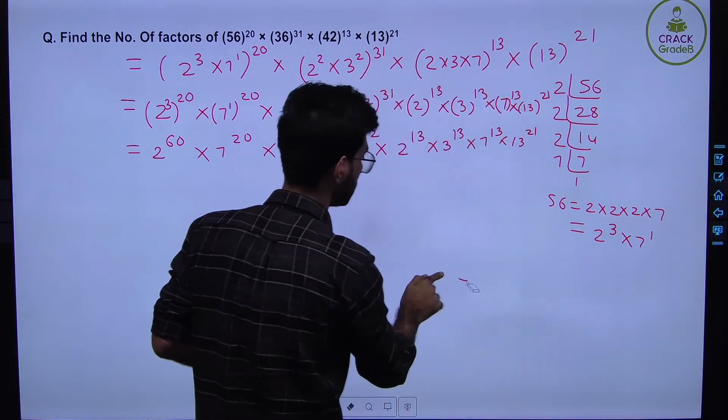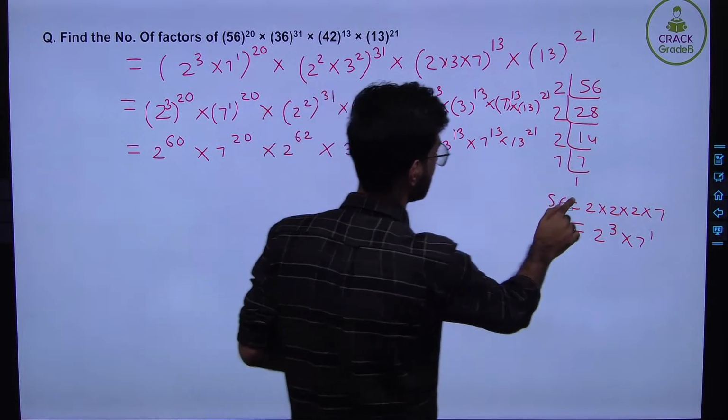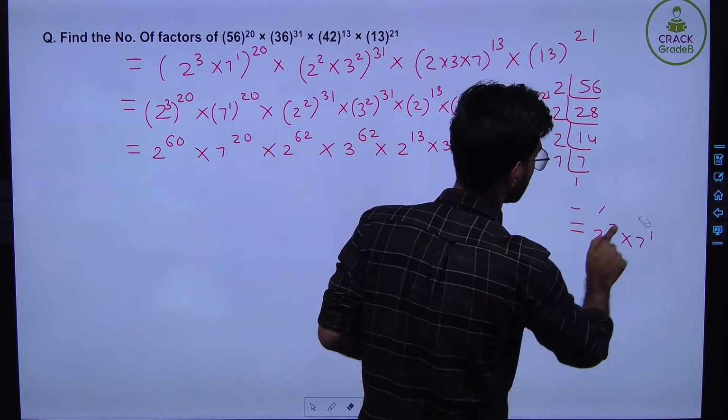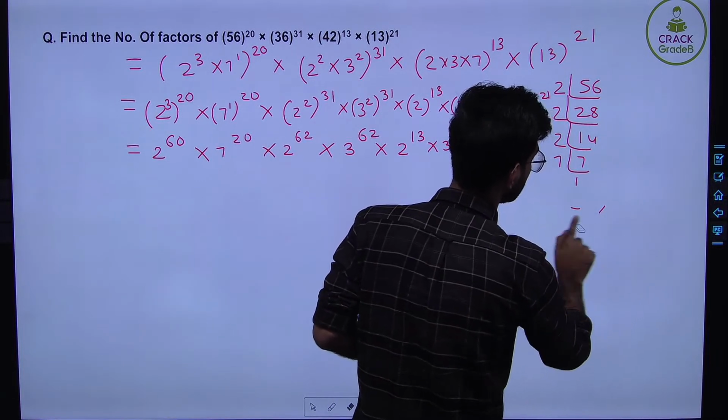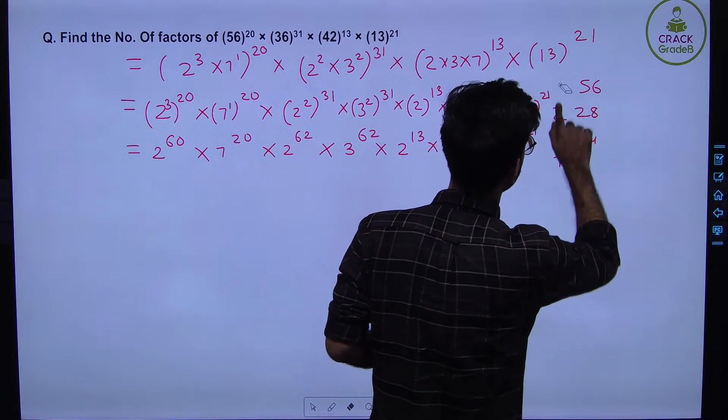Why did I bring this question? Such that if you get this kind of tweaked question in the examination, you must be able to solve it.